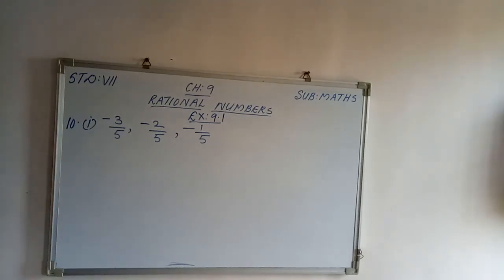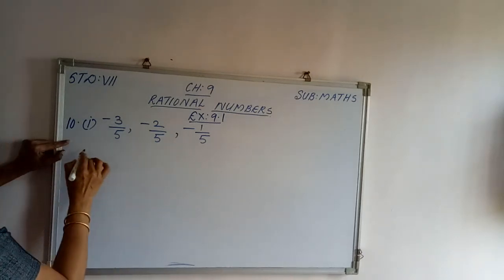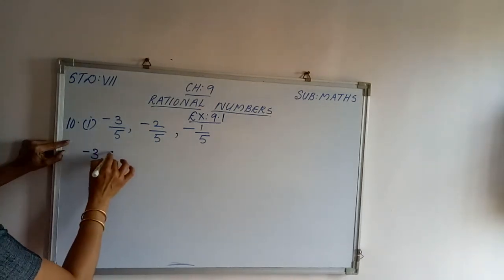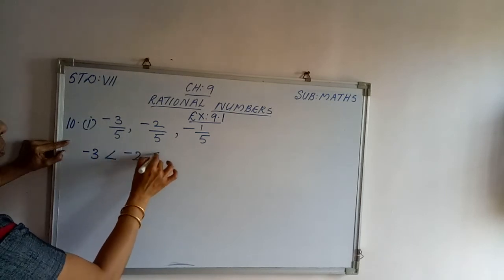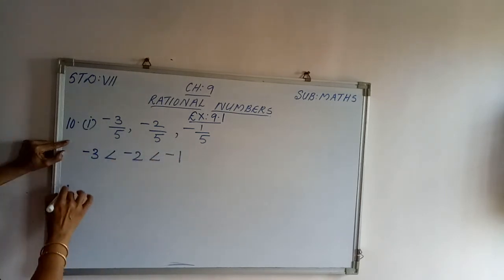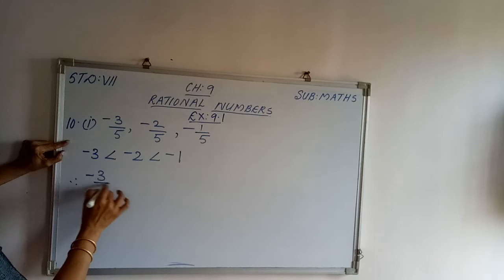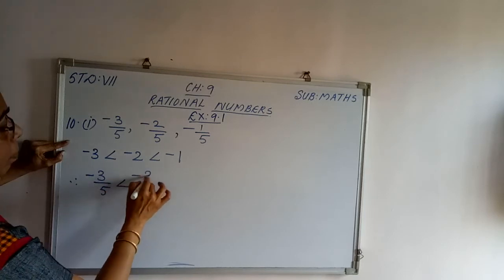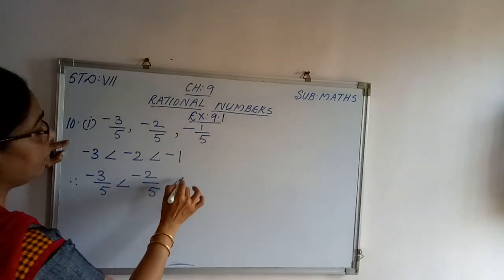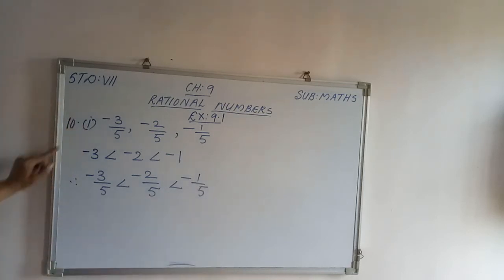As it is the ascending order, you have to write from the smallest rational number to the biggest one. So here, denominator same, so we can compare minus 3 less than minus 2 less than minus 1. Therefore, minus 3 upon 5 less than minus 2 upon 5 less than minus 1 upon 5.